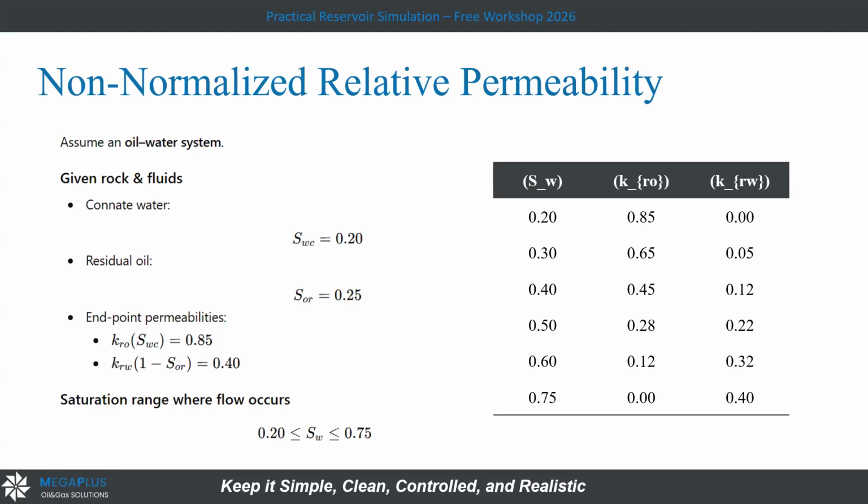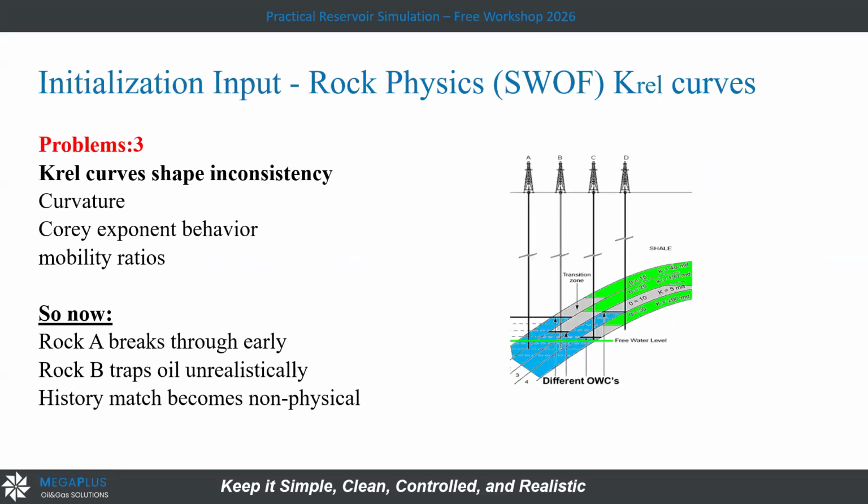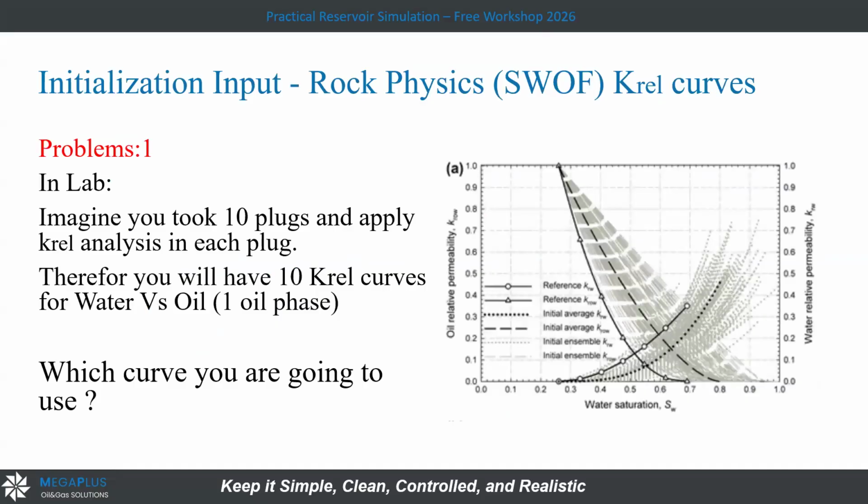All I have to do is put it like here. I have a lot of curves, so I will take an average. I will do the best fit of all these curves, how many doesn't matter. So I have one averaged relative permeability curve.